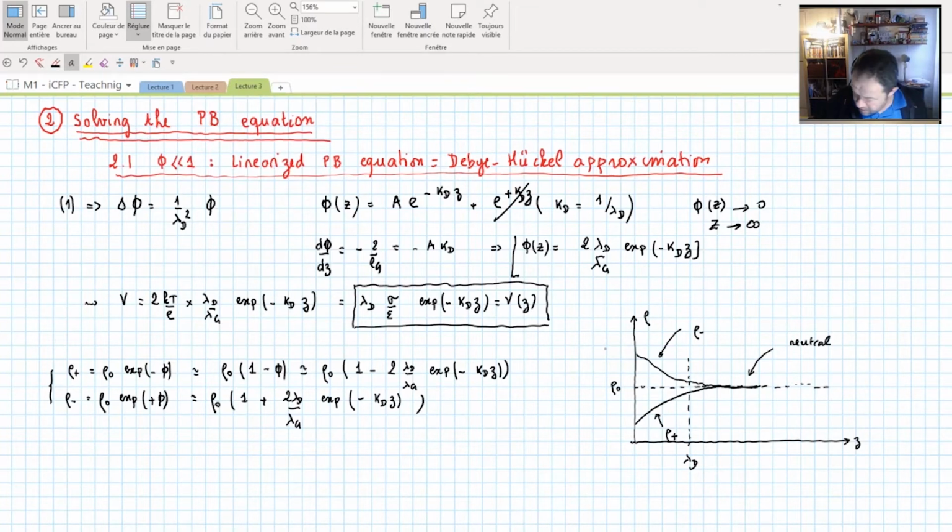Here it's rho 0 times 1 minus 2 lambda t over lambda t, and it's rho 0 times plus 1 minus 2 lambda t divided by lambda t.